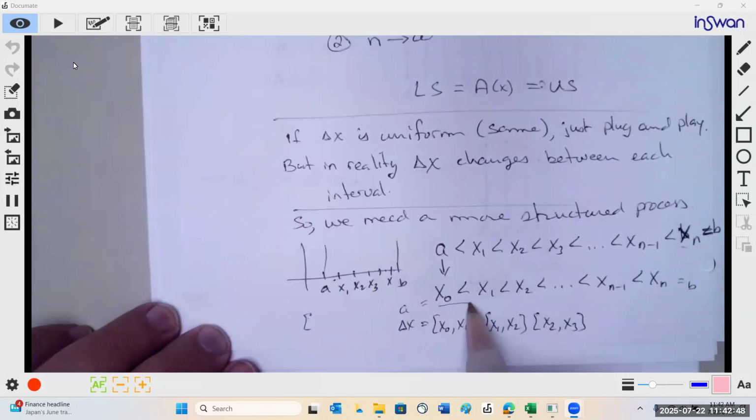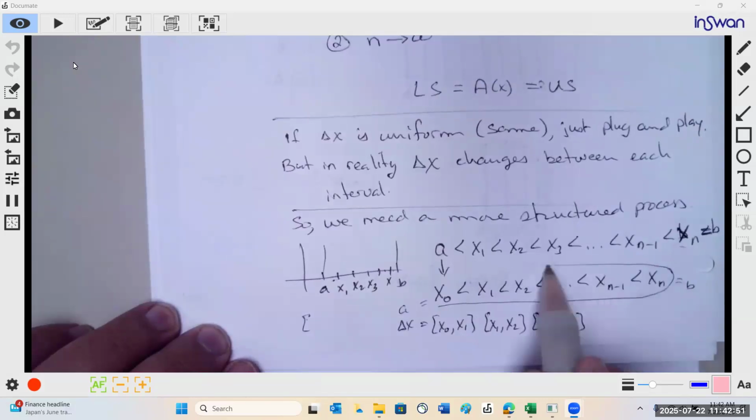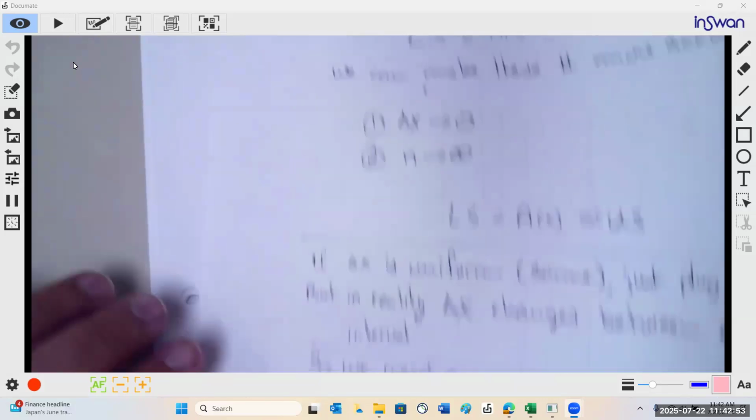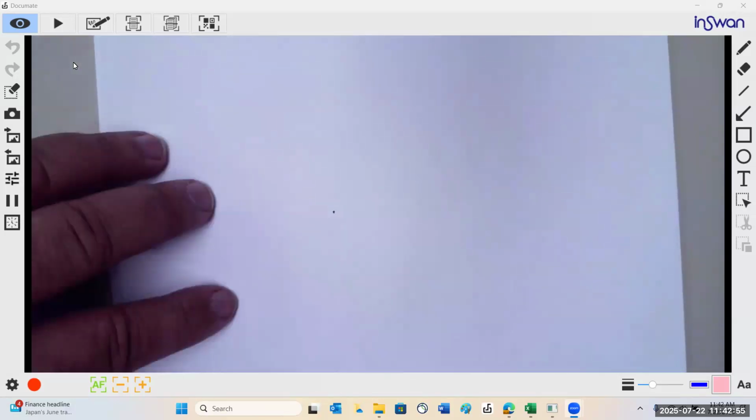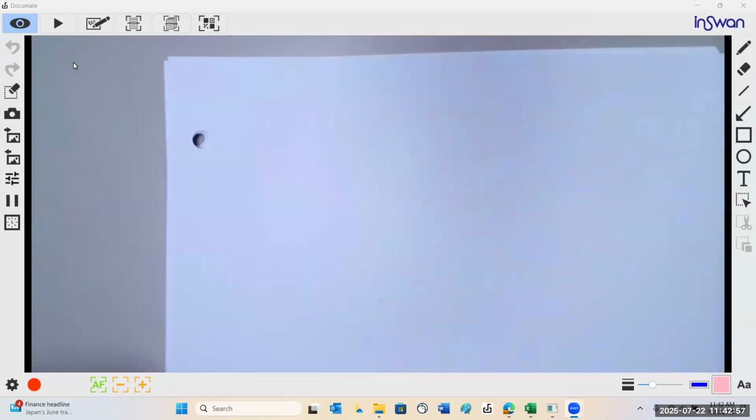Now, the whole list of these x's is called a partition.